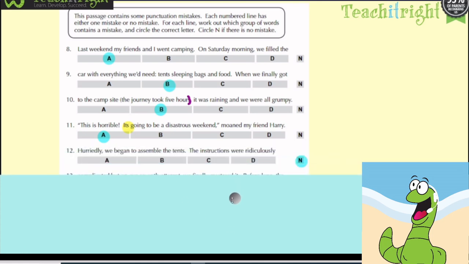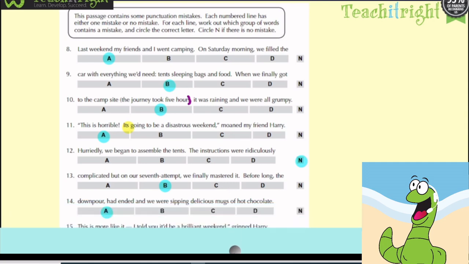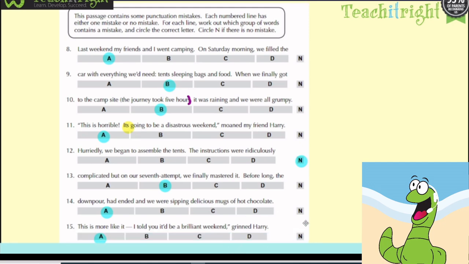Hurriedly, we began to assemble the tents. The instructions were ridiculously complicated, but on our 7th attempt, we finally mastered it. No mistake for line 12. We do not need 7th and attempt to be hyphenated on line 13. Before long, the downpour had ended and we were sipping delicious mugs of hot chocolate.